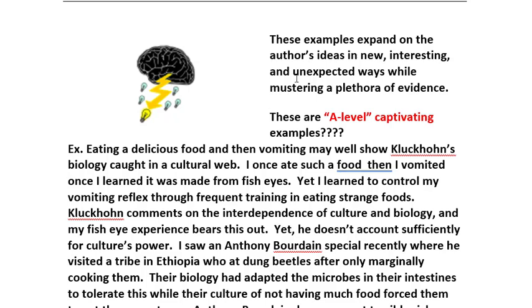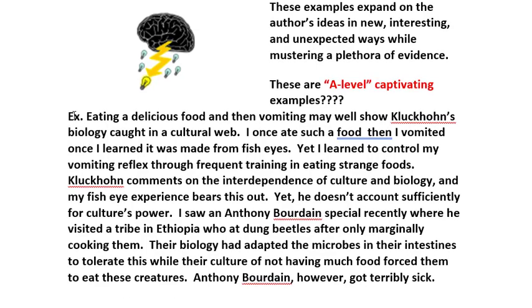It illustrates what an A-level captivating example is really like. And this is based on the earlier one about eating something really unappetizing. So for example, eating a delicious food and then vomiting may well show Kluckhohn's biology caught in a cultural web.